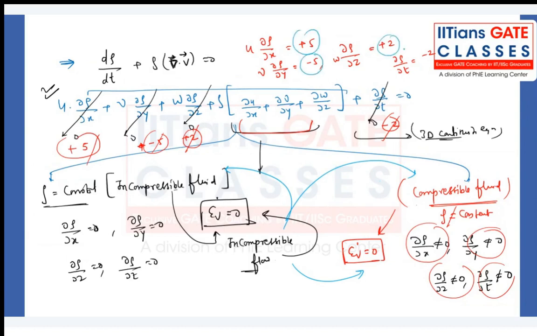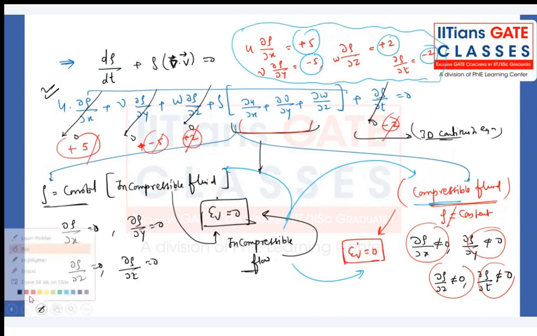It is practically very impossible that they will get plus 5, minus 5, plus 2, minus 2. Mathematically it seems possible, practically not at all possible, right? So that's why they assume that incompressible flow will always be incompressible fluid. But once again, this statement is not 100% correct. I have shown you one condition where a compressible fluid can also have incompressible flow, under this very rare possibility.